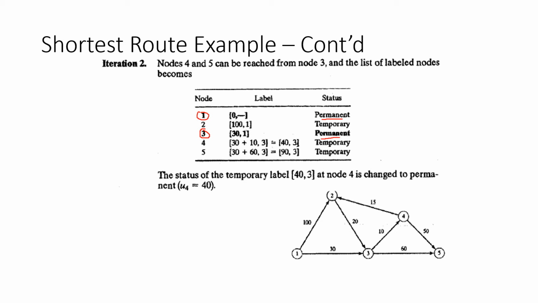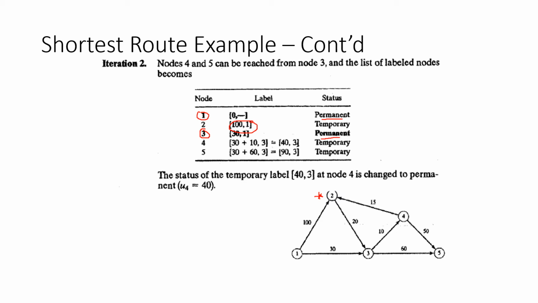From node 1 I can reach node 2, the same thing. So I will rewrite the label next to node 2, which is 0 plus 100 comma 1, which is 100 comma 1. I can write this next to the node, as I said, no problem, or I can just use the table by itself.